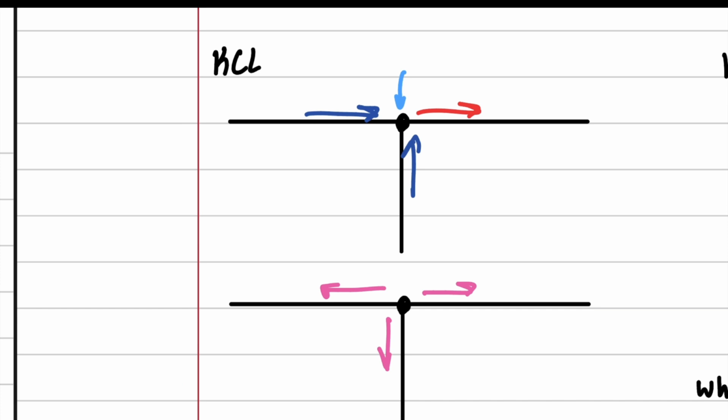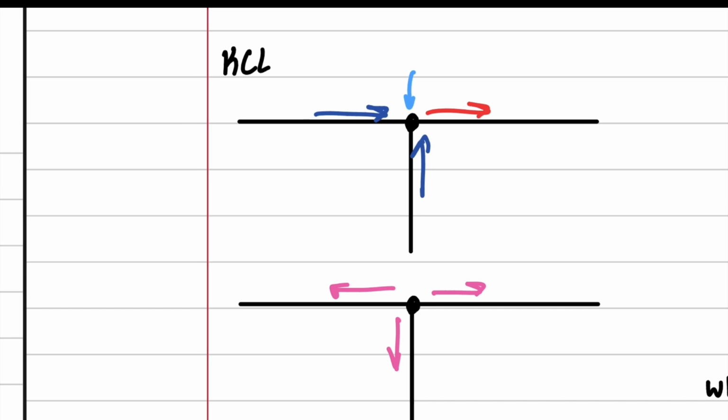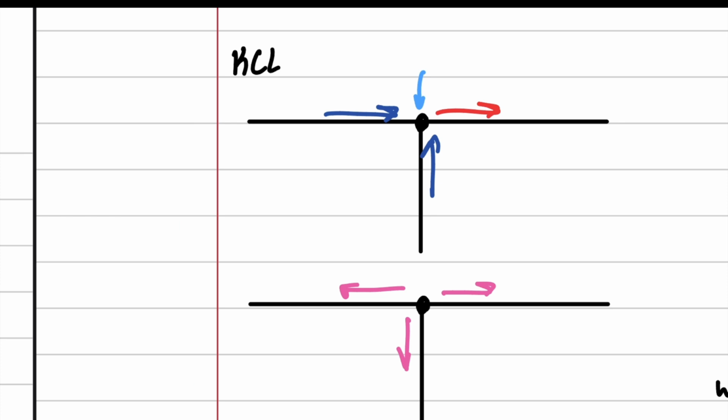Now, this also confused me greatly when I was taking this course, and basically the rule of thumb and the way that I'm going to be doing this for the rest of the lecture series is that currents leaving a node are positive.